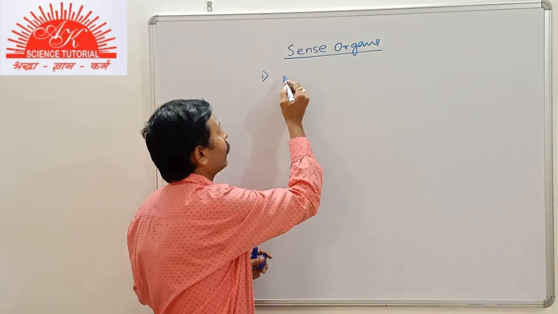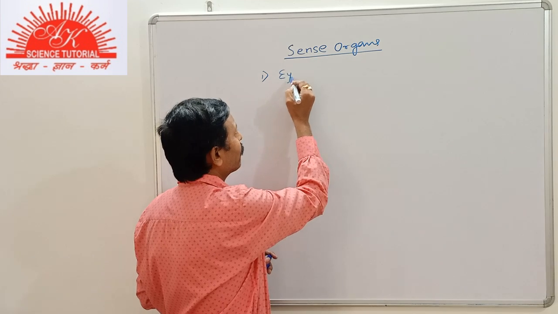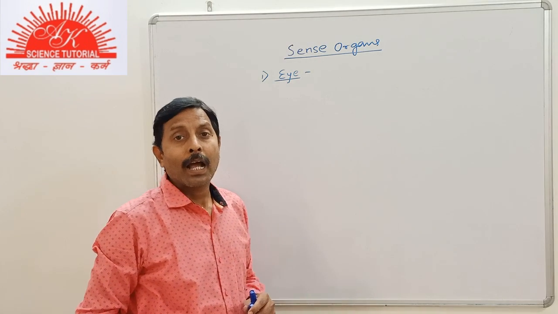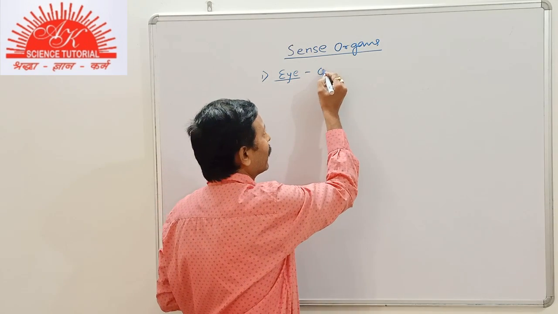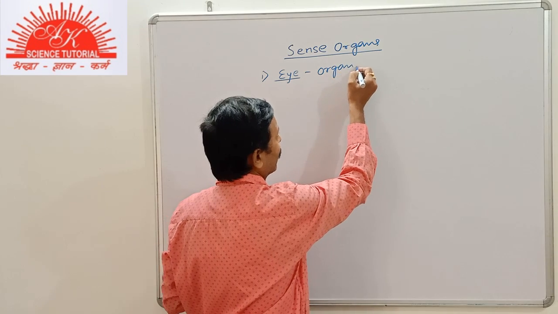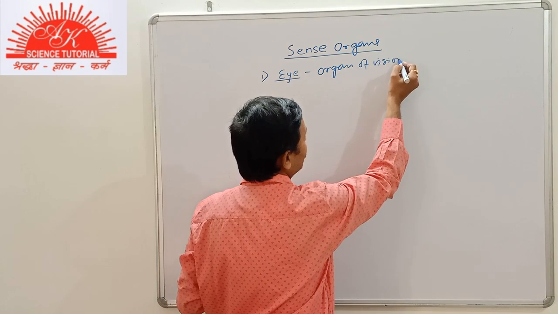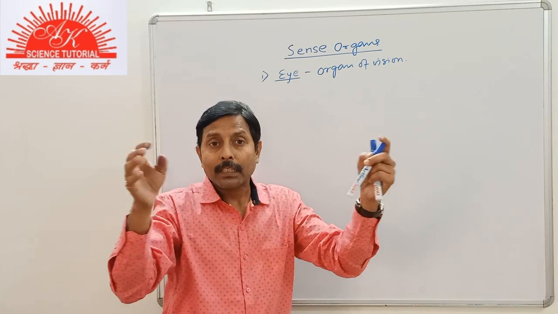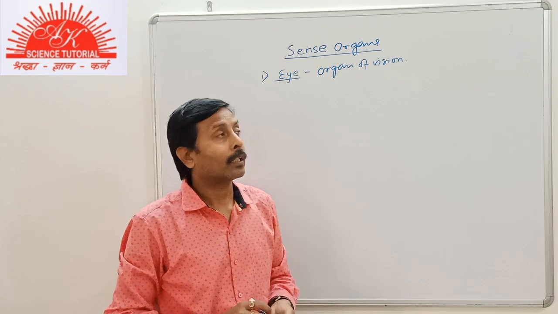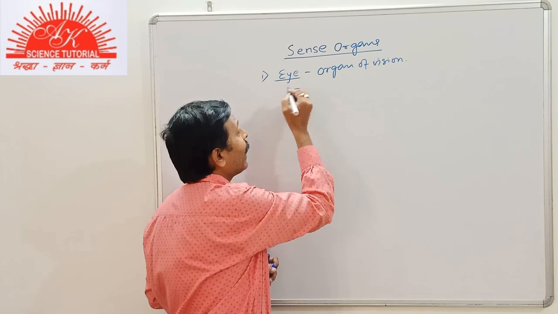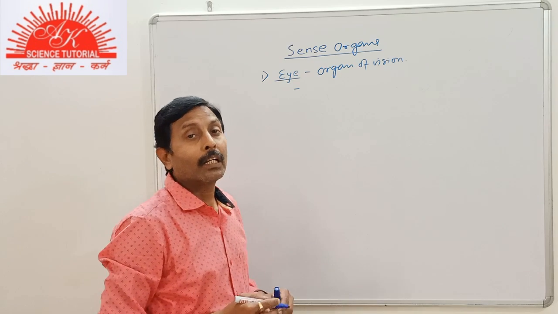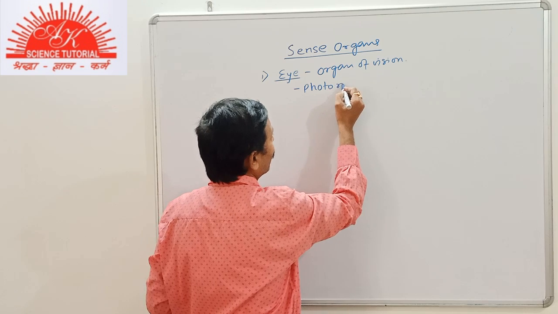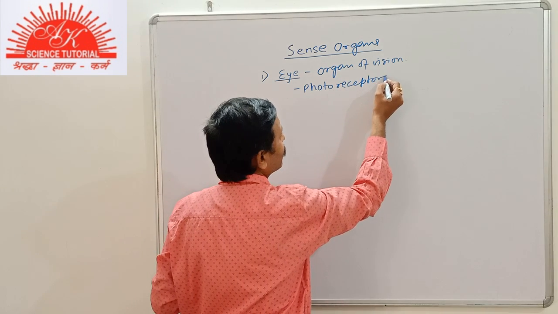Like, first of all, the first and important sense organ is the eye. Eye is commonly known as organ of vision, that is the organ of sight with which we see the things in our surrounding. Now it has the sensory cells which are known as photoreceptors.